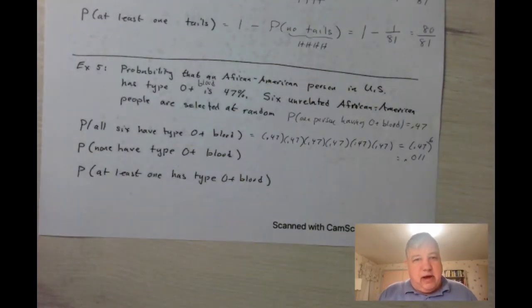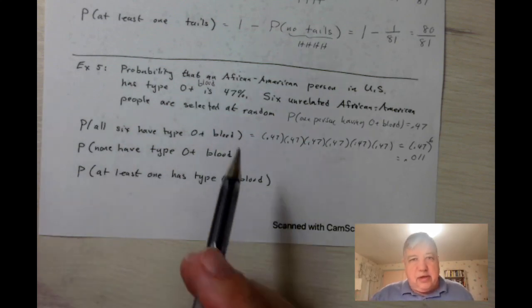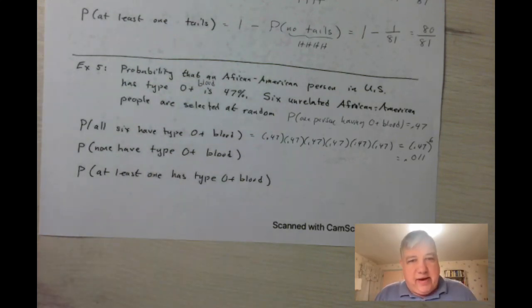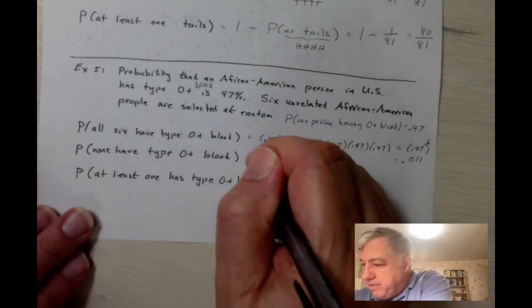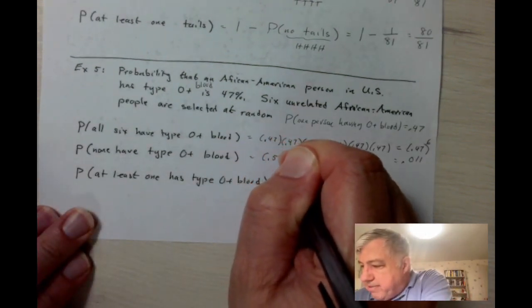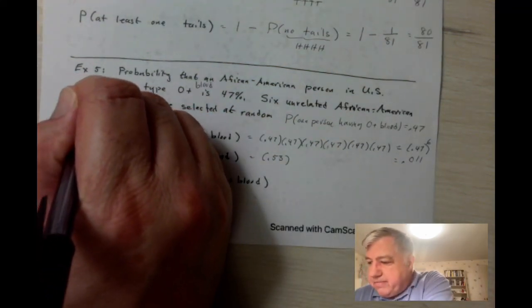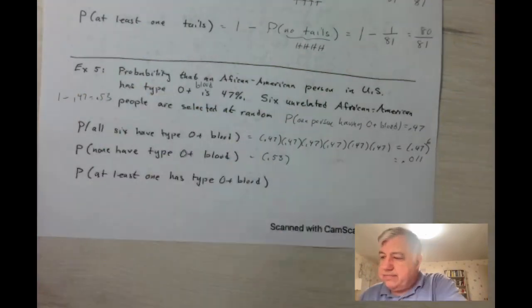Similarly, if none of them have type O positive blood, well, what's the probability that one person doesn't? The complement of having type O positive blood is not having it. So the probability of that would be 0.53. And how do we get that? Well, it's 1 minus 0.47, which is 0.53.